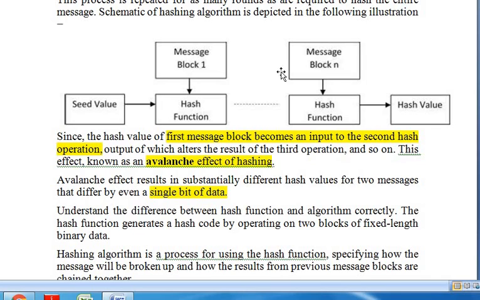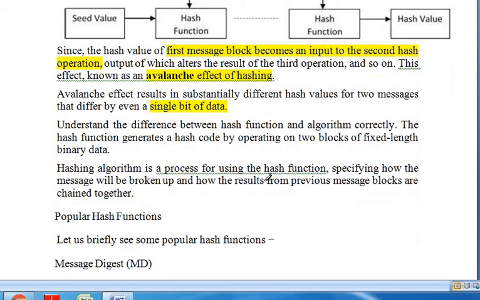If a message block changes, the hash function value changes, and that answer is given to the next block, so that value also changes. The continuous changes take place, so the final value also changes. This is the security improvement behind the hash function.